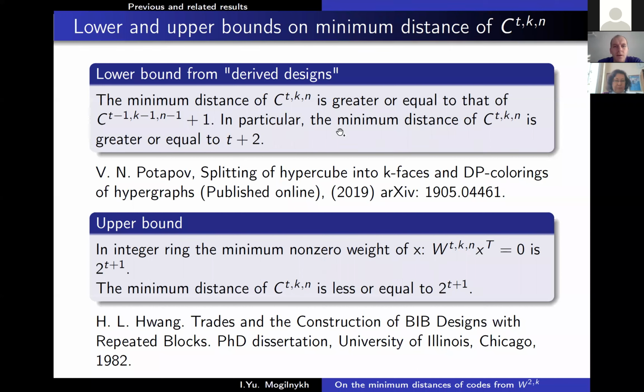And in particular, the minimum distance of the code C_tkn is greater or equal to t plus 2. This approach for bounding the minimum distances was mentioned in the work of Potapov, and the upper bound on the minimum distance of the code is actually 2 to the power t plus 1. So we have this very large gap between the lower bound t plus 2 and the upper bound 2 to the power t plus 1.